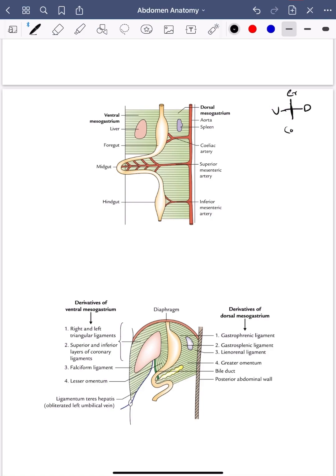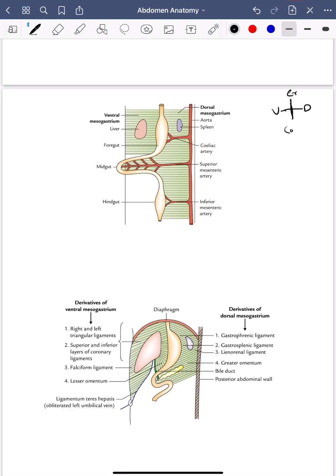Cranial referring to the head, and caudal referring to the legs. That's a basic. Now the foregut and the midgut and hindgut. The foregut has two types of mesenteries. It has a dorsal and ventral mesentery.